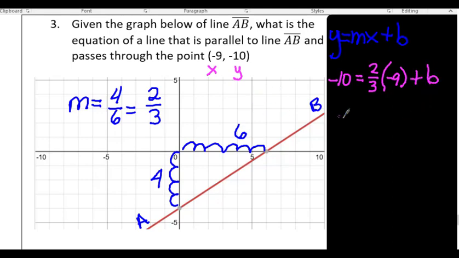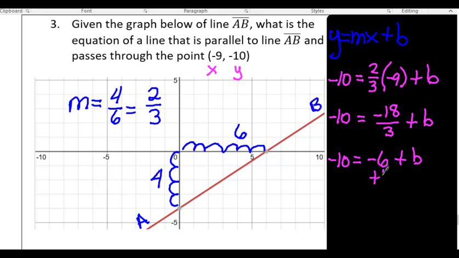This gives me -10 equals, and when you multiply, we're multiplying 2 times -9, so this would be -18 divided by 3, plus b. So now I got -10, and -18 divided by 3 is -6 plus b. Then you add 6 in order to solve for b. Add 6, so that tells me -4 is equal to b.